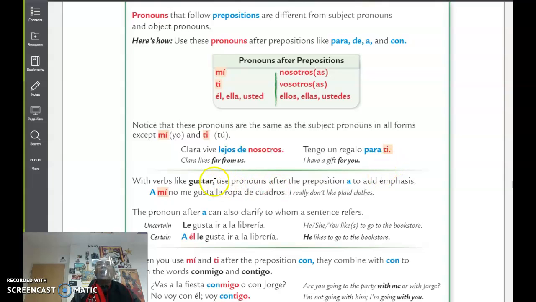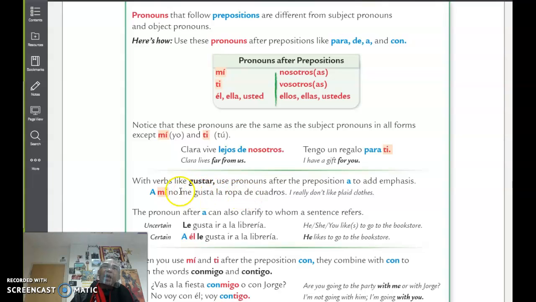Now we have verbs like gustar. Gustar is to like, okay? Now you're going to use pronouns after a preposition, a, to add emphasis. A mí amigo no me gusta la ropa de cuadros. A mí no me gusta la ropa de cuadros.